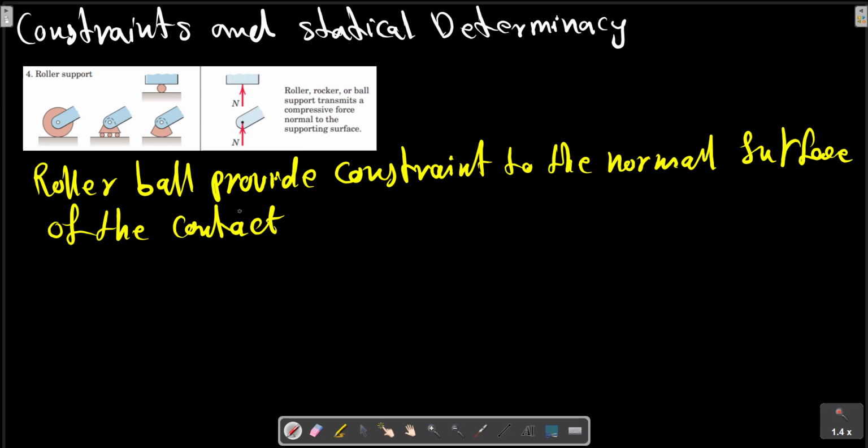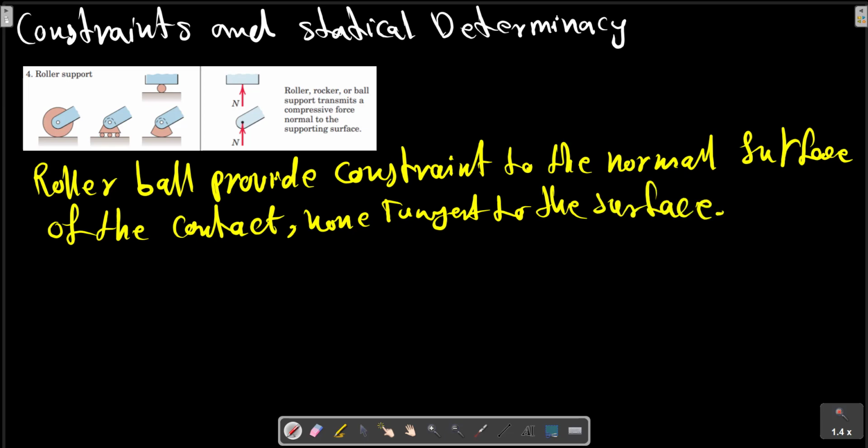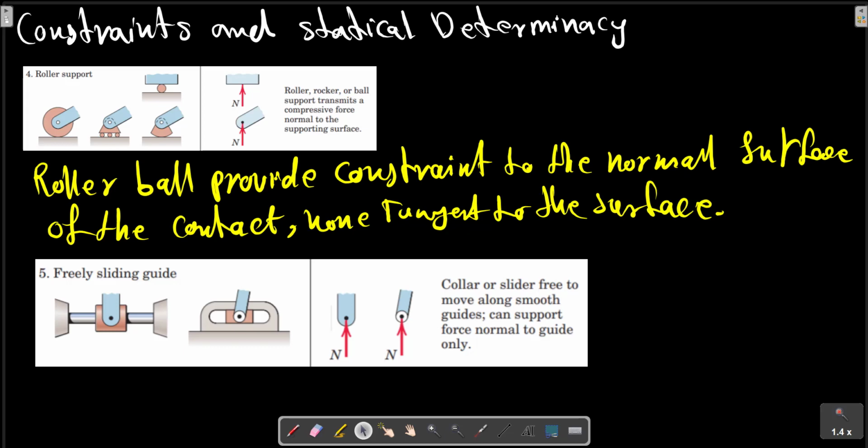But no constraint tangent to the surface, thus a tangential force cannot be supported. For the collar and the slider of example 5, constraint exists only normal to the guide. In this picture, for example, in the sliding example, constraint exists only normal to the guide.